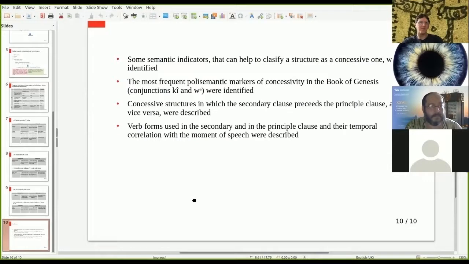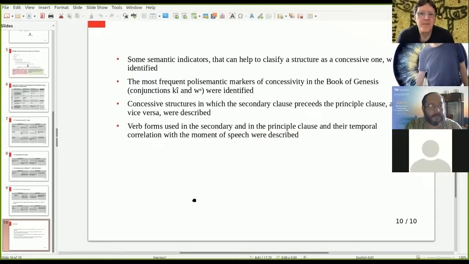My conclusions were that I identified some semantic indicators. These were either verbs with opposing meanings, and in one case antonyms, good and evil, but it is not a frequent case. Also identified were the most frequent polysemantic markers of concessivity.